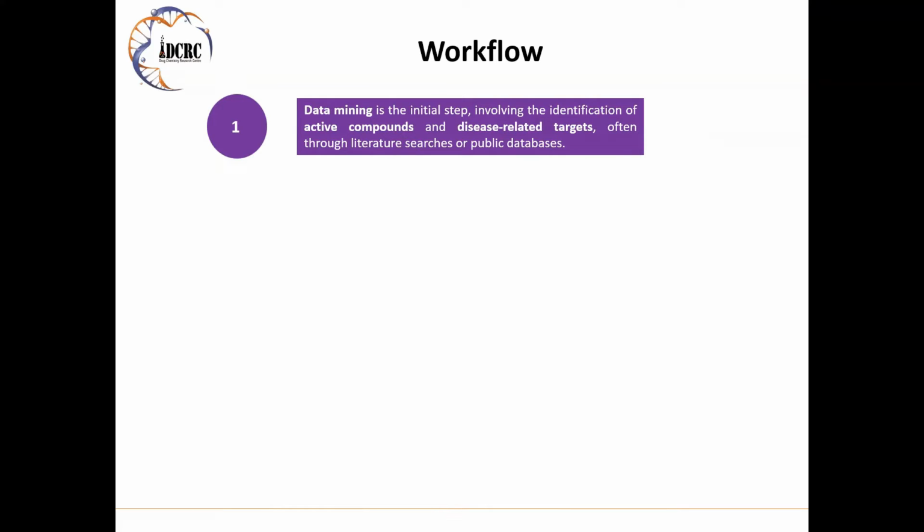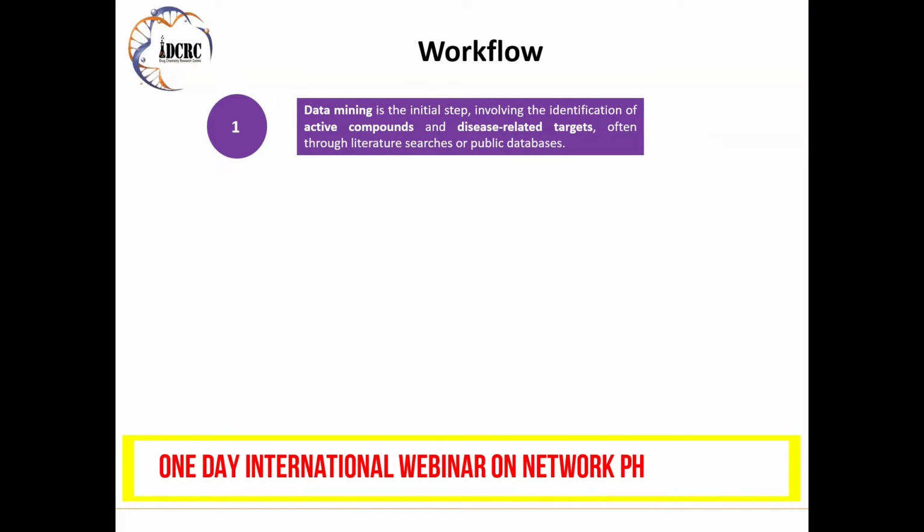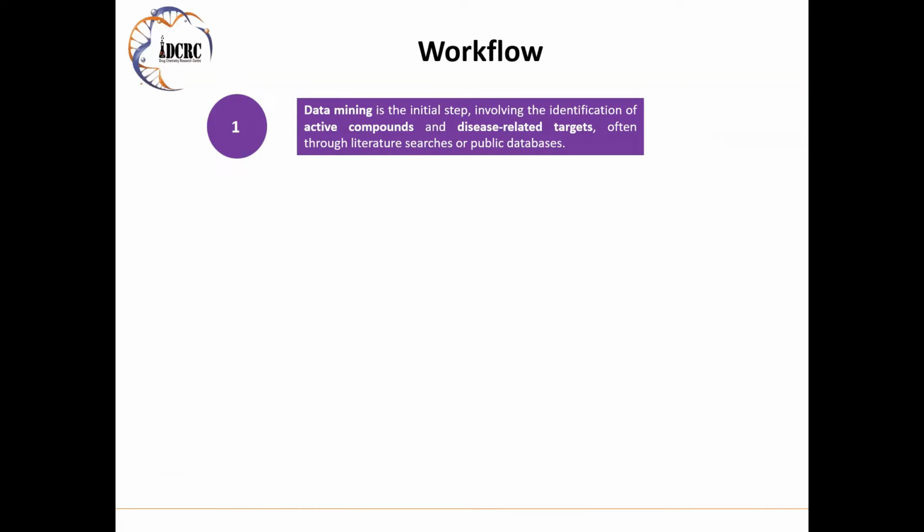Then the disease-related targets. Likewise, when we are talking about a particular disease, suppose diabetes, there can be publicly available data for that disease, so we can collect those data, and that can serve as an initial point for the network creation.